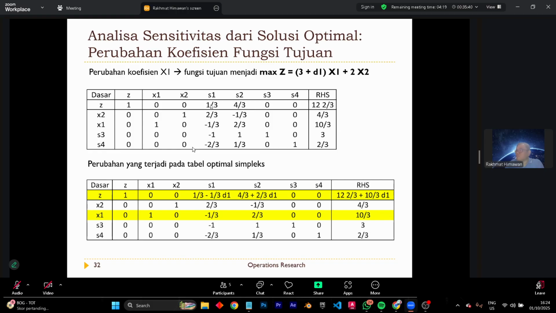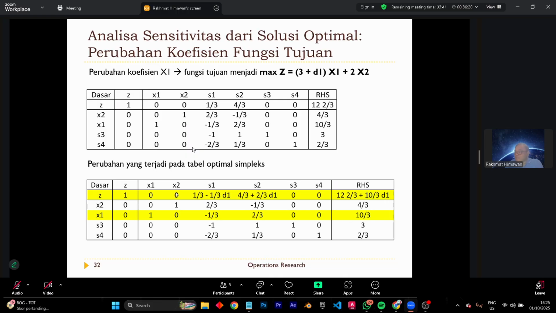If we want to change d based on product x1, the effect on Z is this: you add the original coefficient plus the coefficient related to x1 multiplied by d1. So it's 1/3 plus minus 1/3 d1, and also 4/3 plus 2/3 multiplied by d1, including the revenue 12 2/3 plus 10/3 multiplied by d1.